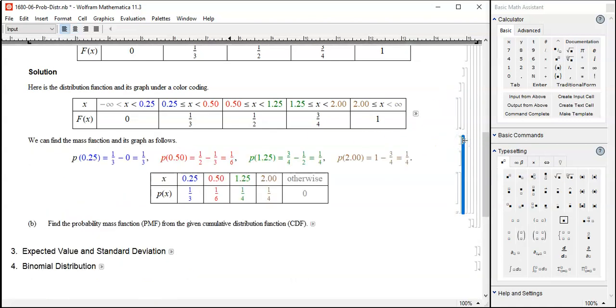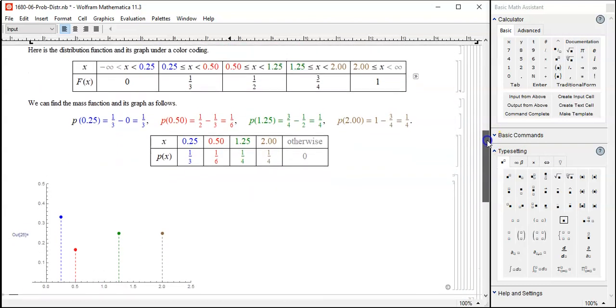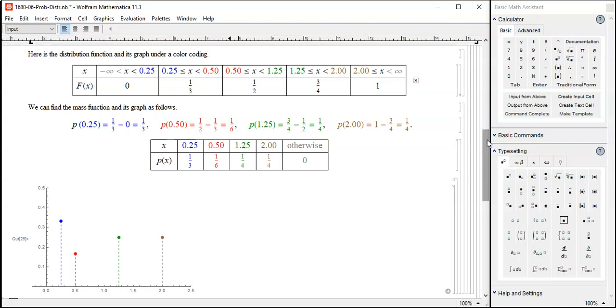And those are the probability masses. And is there a graph? Okay, here's a graph as well. At 0.25, 0.5, 1.25, 2.0, and then the heights are the probabilities: 1/3, 1/6, 1/4, and another 1/4.